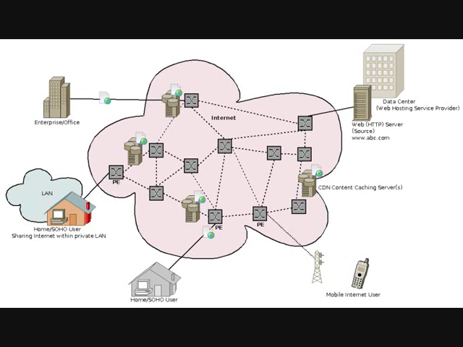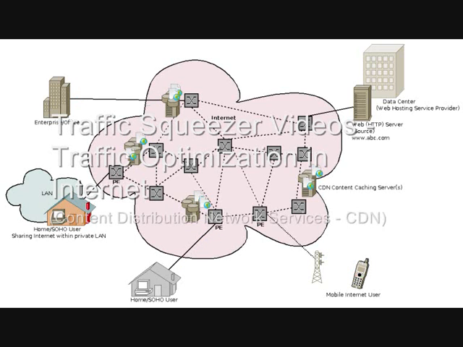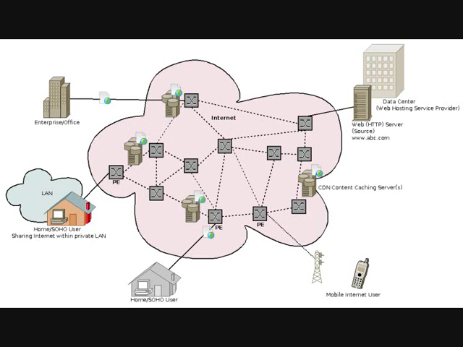In this way, you can get a significant amount of optimization, since all the pages read by users within the ISP providers at the edge will be fed from the caching servers, and whenever there is a cache miss, the page will be fed from the actual website or the web server, which is the source.